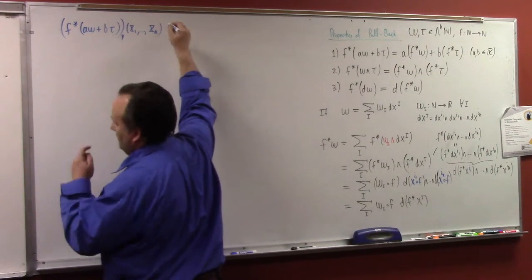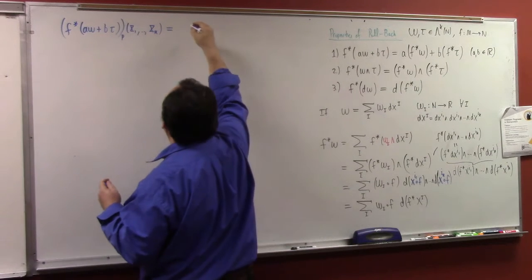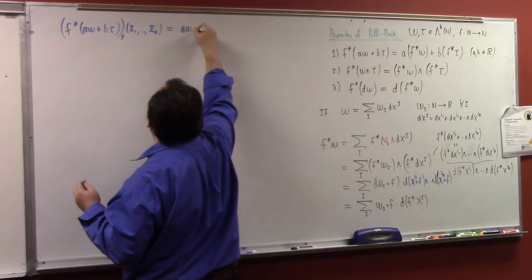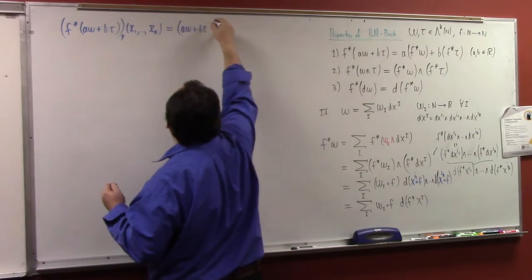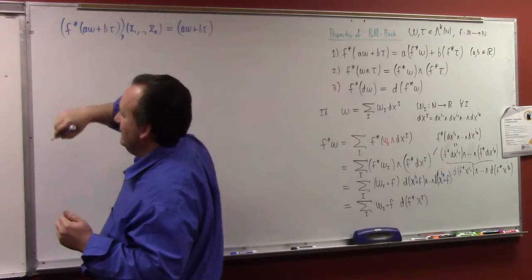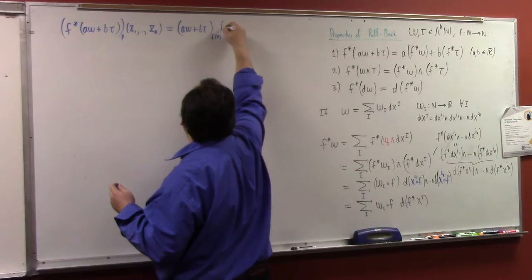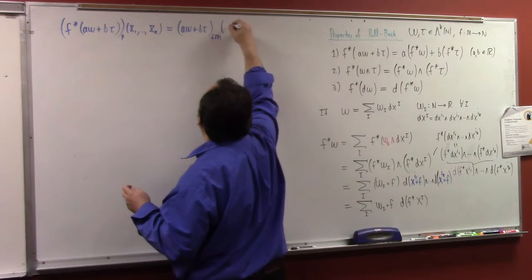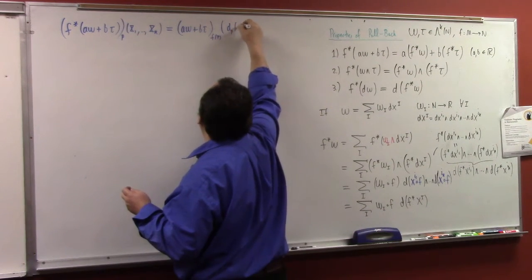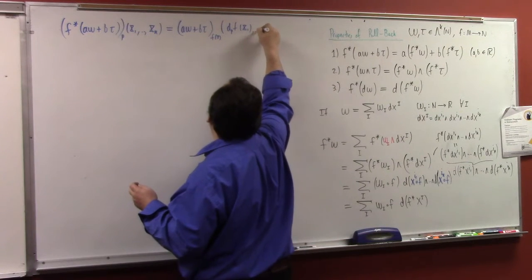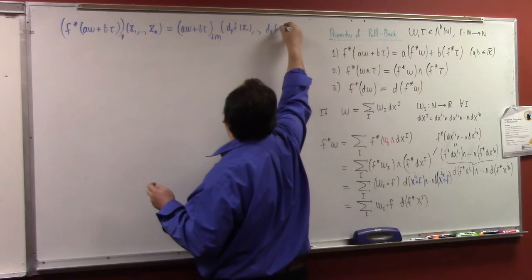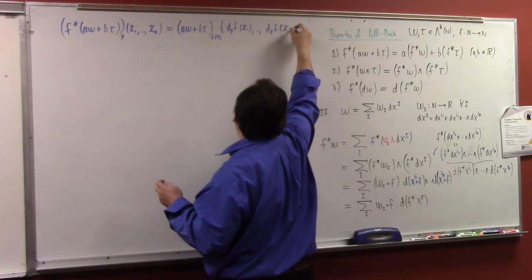But then by definition, that is A omega plus B tau at the point F of P. And it gets fed dpf x1, dpf xk, right?